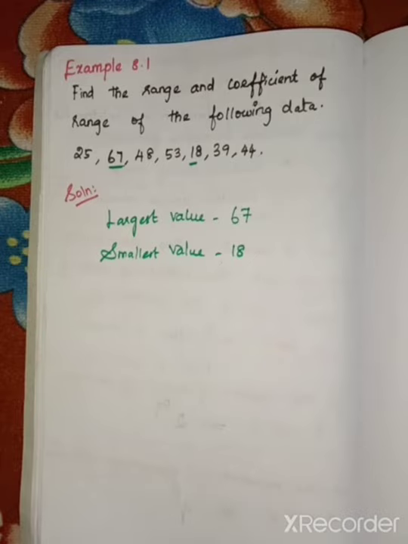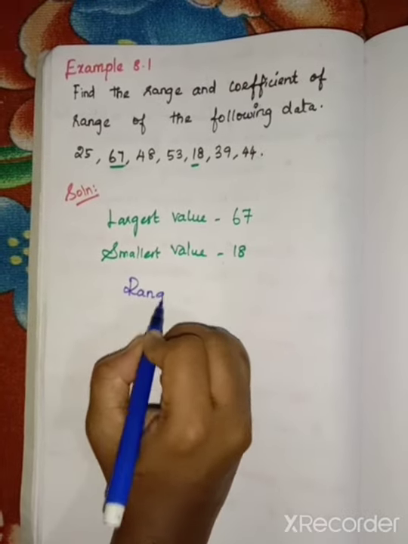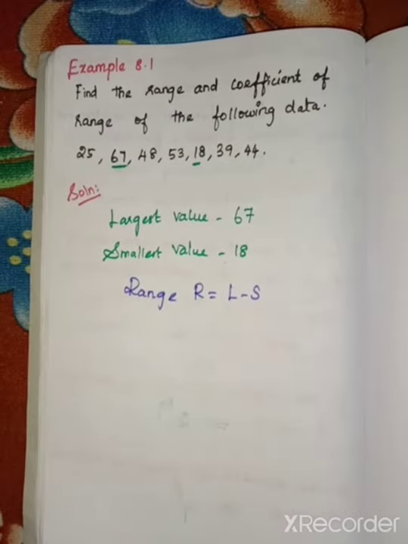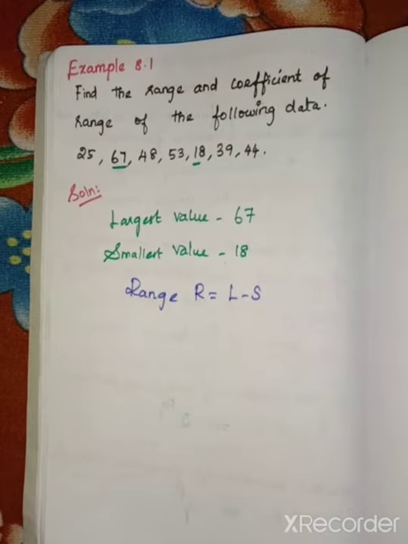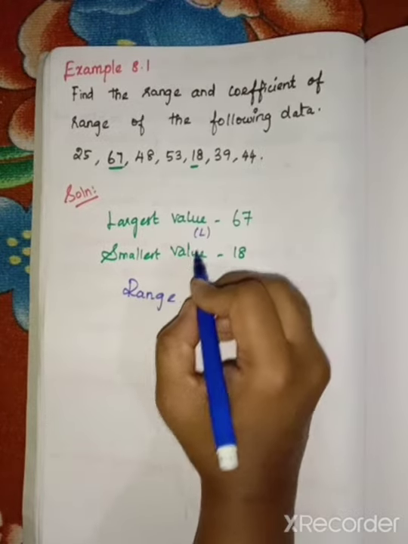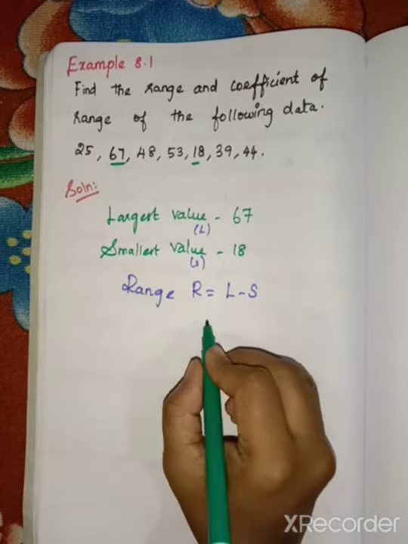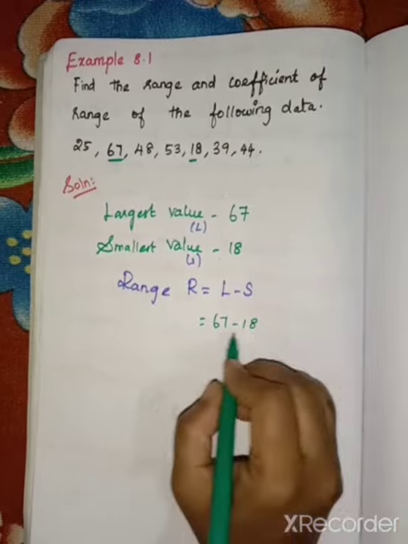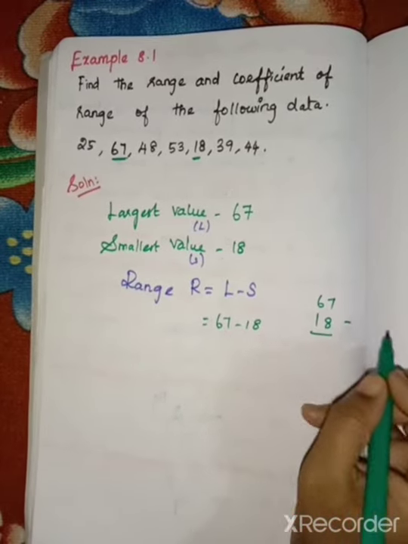Why do we have to find them? The range formula is R equals L minus S, where L is the largest value and S is the smallest value. Now we substitute: 67 minus 18.